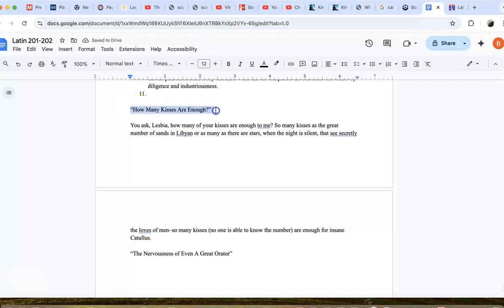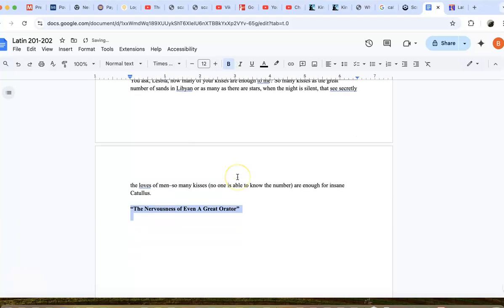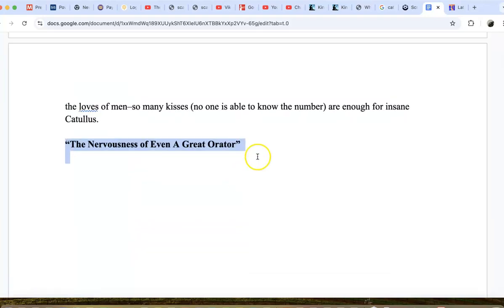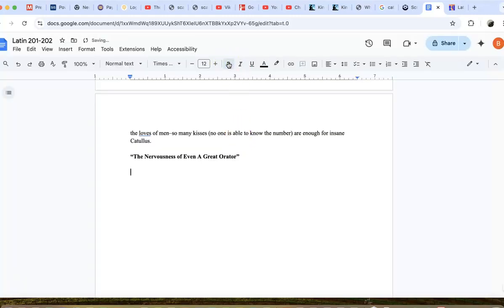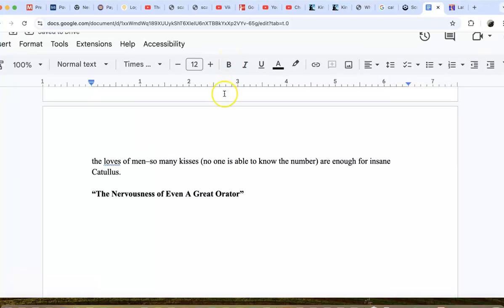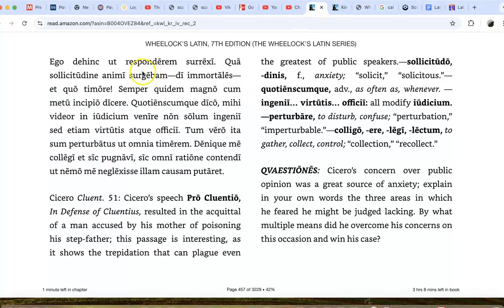Let's see, I'm just going to organize this a tad more. A little bit bigger so we can see it better maybe. That one's not too difficult, as long as we recognize that we have the purpose clause, and then surgo, surgere, surrexi, surrectum is the verb on that one.